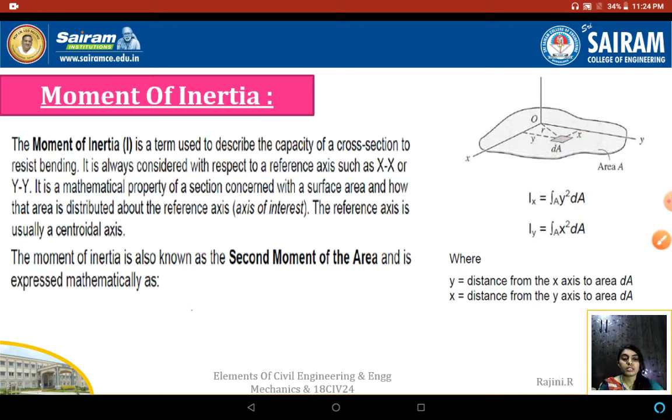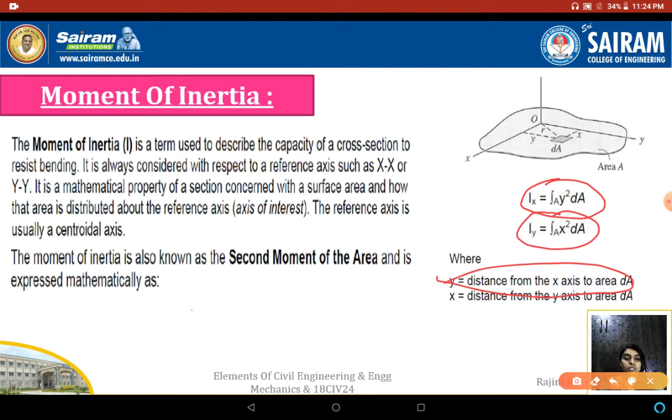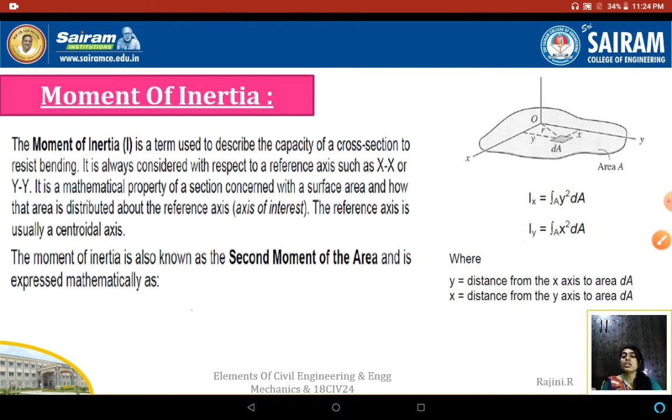The formula is Ix is equal to integration of y square into dA, and Iy is equal to integration of x square into dA. Here y is the distance from the x axis to the area dA, and x is the distance from the y axis to the area. Once again I'll explain the definition of the moment of inertia.